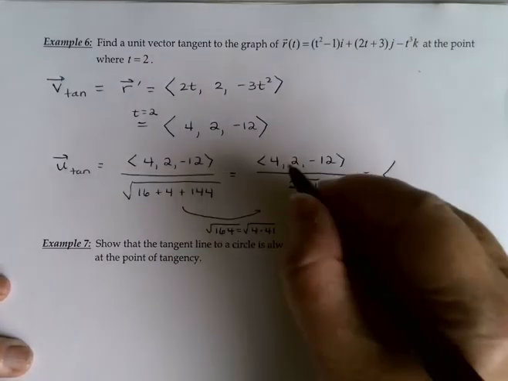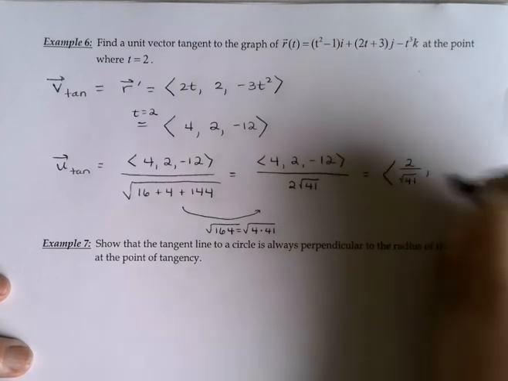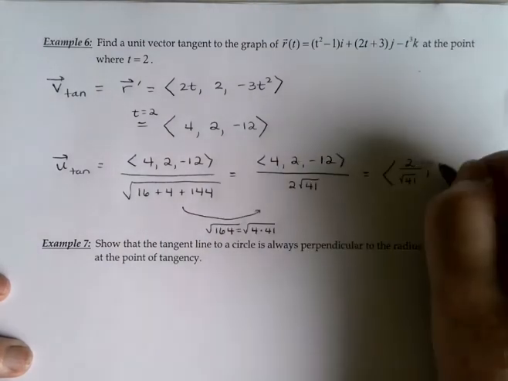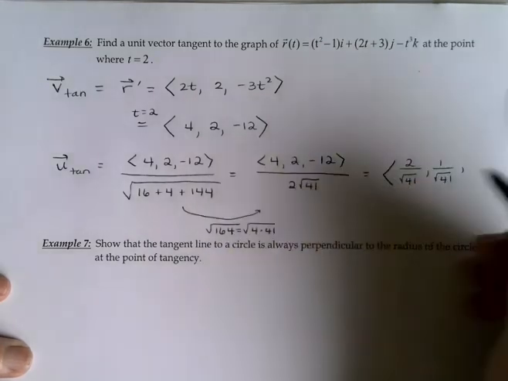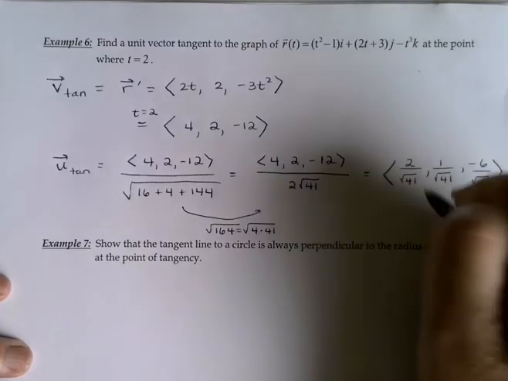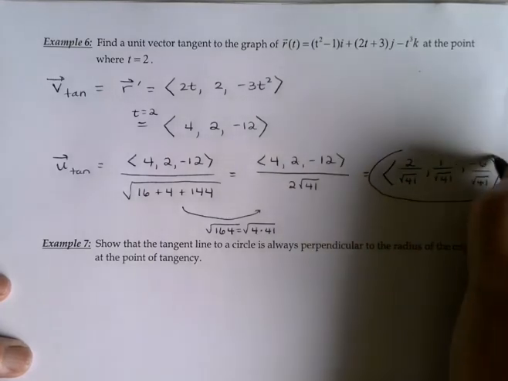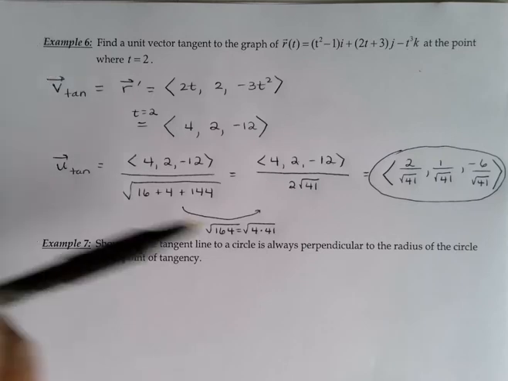I'm going to write my final answer as 2 over the square root of 41, 1 over the square root of 41, and negative 6 over the square root of 41. So that's all there is to that one. I wasn't asked for a tangent line this time, just a unit tangent vector.